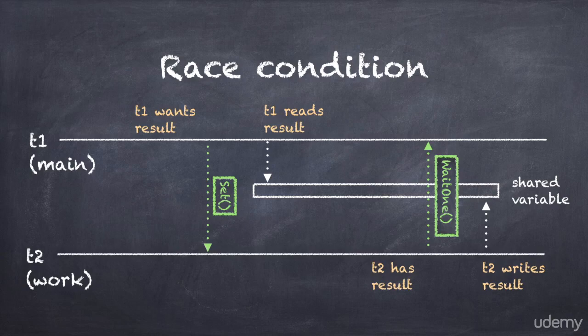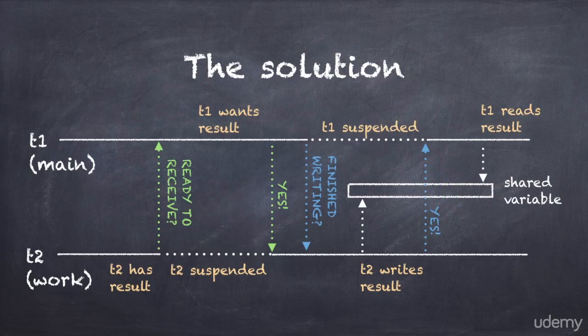So what we need is another communication channel. The work thread first asks the main thread if it is ready to receive a result, and then suspends until it receives a confirmation. Then the work thread should write the result into the variable, and then it should signal to the main thread that it has finished writing the result.